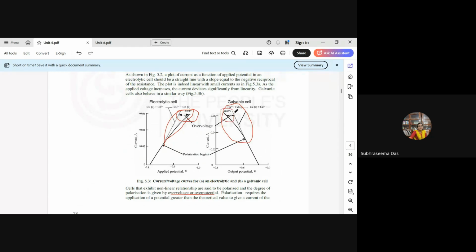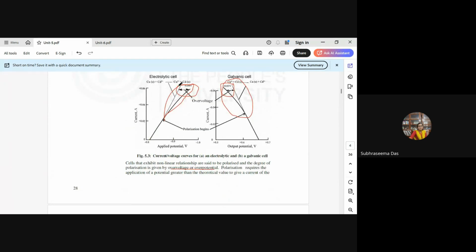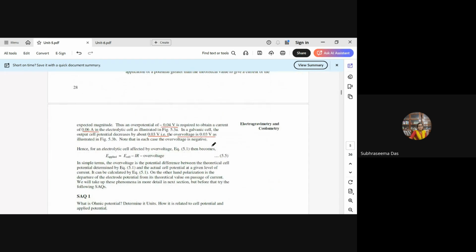Since the deviation is minus 0.03 volt, we say that the overvoltage is 0.03 volt. We should note that in both these cases, the overvoltage value in figure 5.3a is minus 0.04 volt, and in figure 5.3b it is minus 0.03 volt. So in both cases the overvoltage is negative in nature; although we write it as positive, overvoltage is always negative.